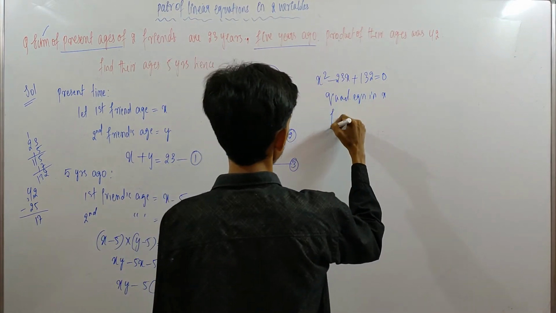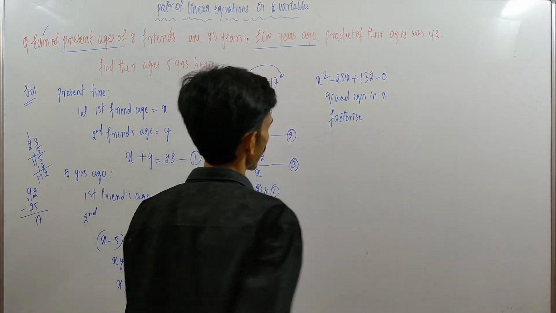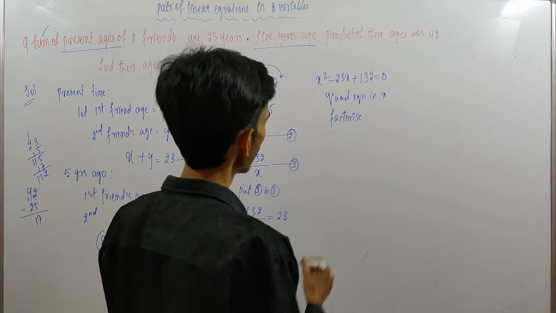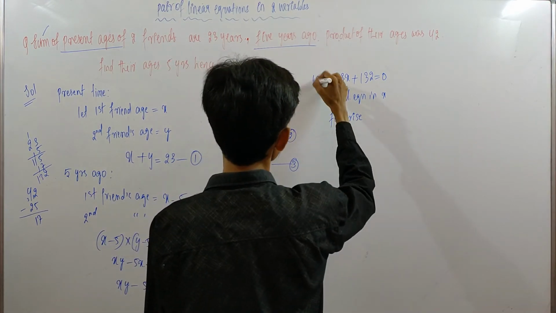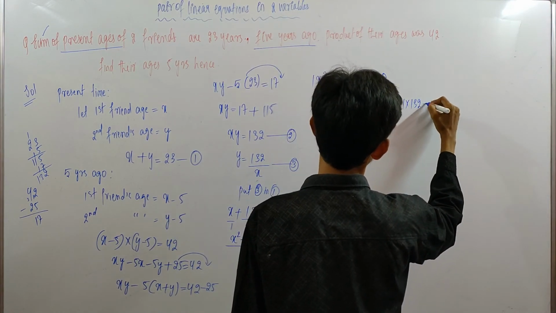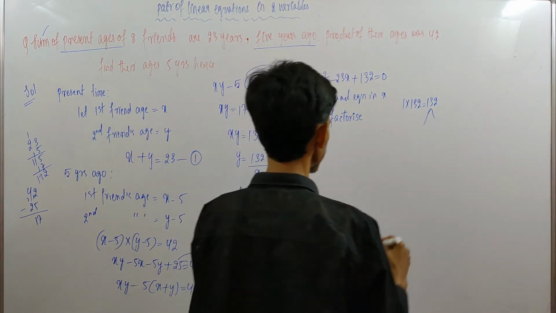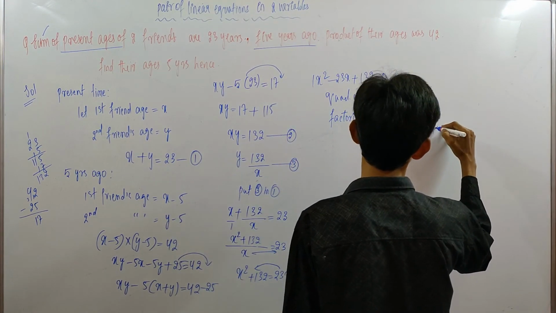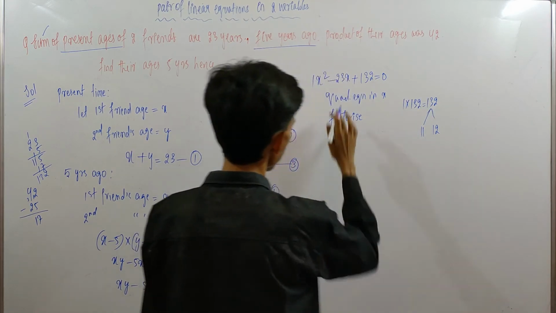Let us factorize it, or we can make use of a formula. Here I am factorizing it. Here we have 1 into 132, that is 132. Factors of 132 are 11 into 12. Now if we add 11 plus 12 we have 23.